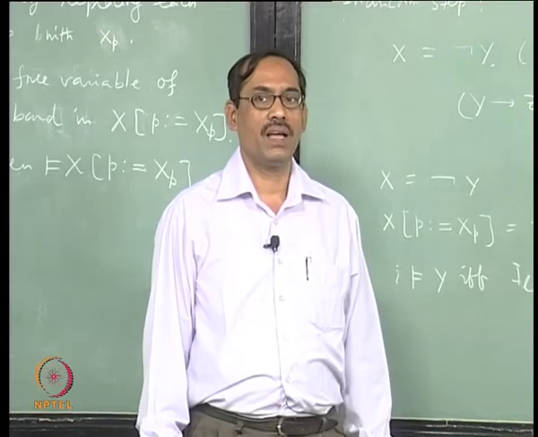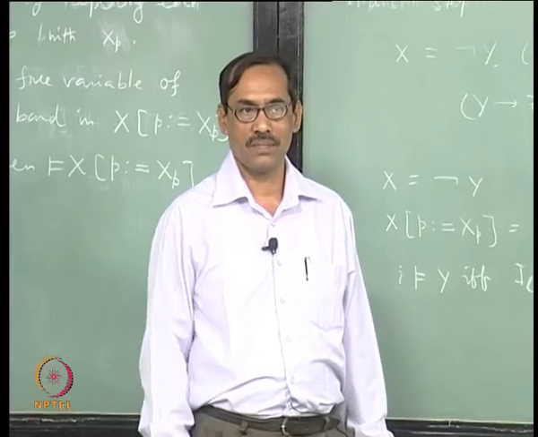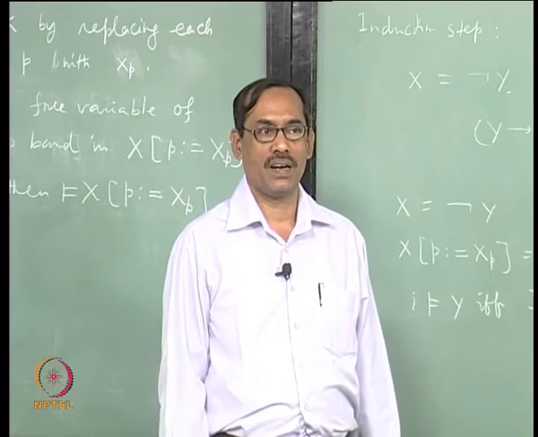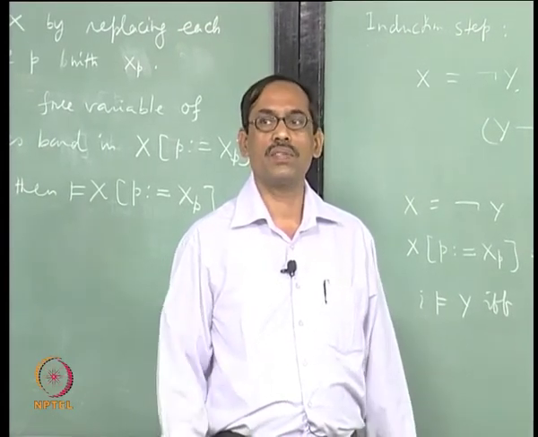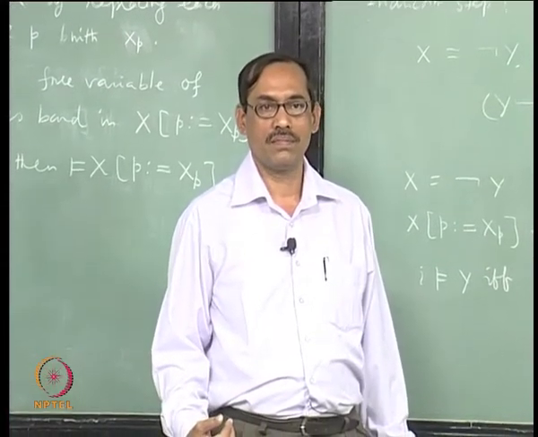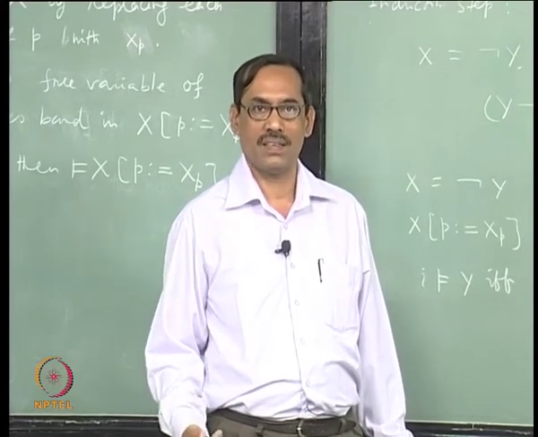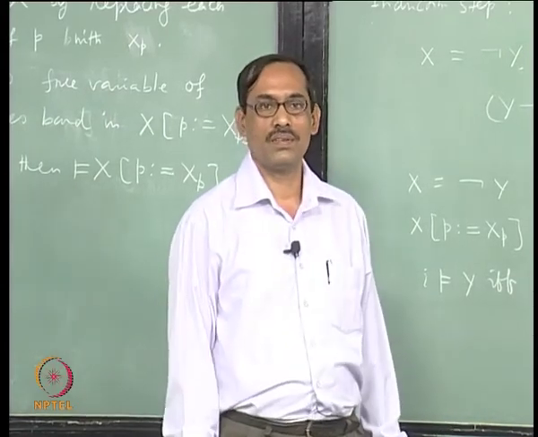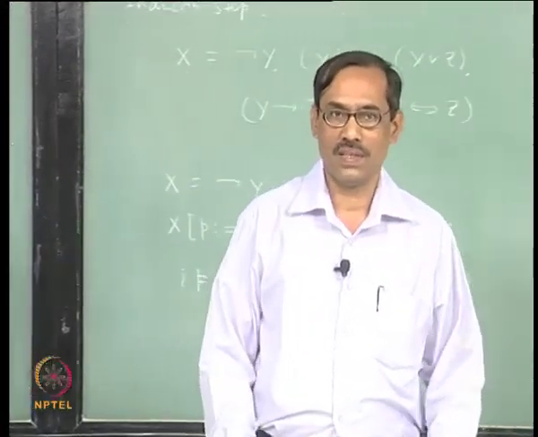In proving that lemma, the induction step will involve one more thing, because when you start with X itself, there can be quantifiers. Earlier it was a proposition, so you had no quantifier. So, two more cases will come, that X is in the form for each x Y or there exists x Y. In that place you will need this proviso to prove it, that you can do as an exercise.